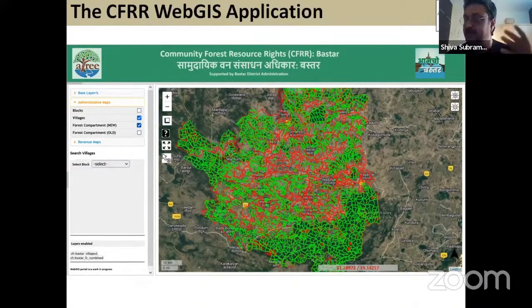There are many cases wherein there are claims from two different villages overlapping on each other, and they're basically not geographically aware of how these things are spread out, whether in terms of administrative maps or in terms of the forest department geographical context. So those kinds of constraints are there. So we are trying to solve this using this web mapping application.